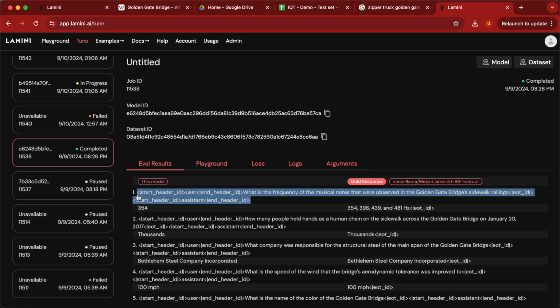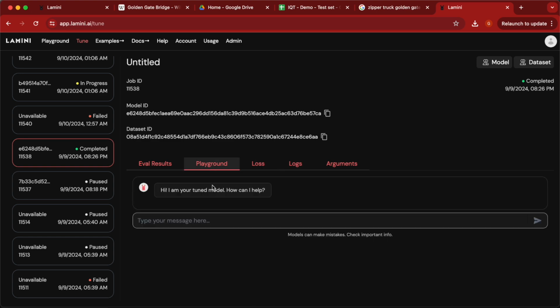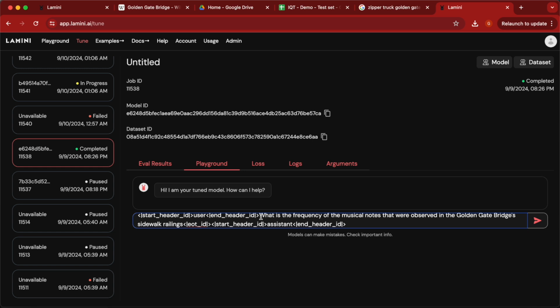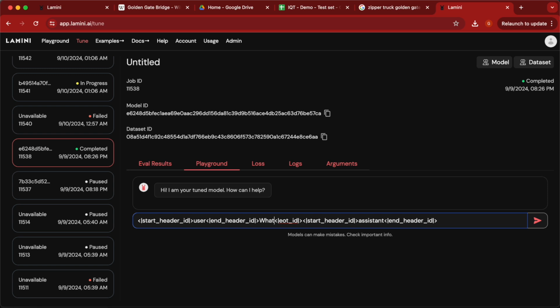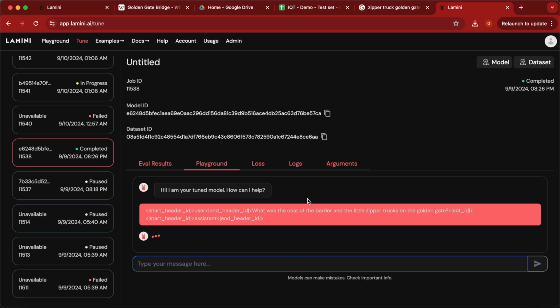Okay, so let's grab the template and let's try it out. So let's do the zipper trucks. What was the cost of the barrier and the little zipper trucks on the Golden Gate?